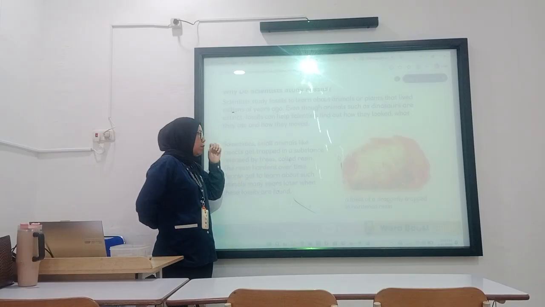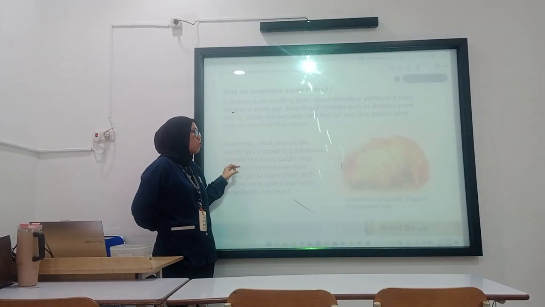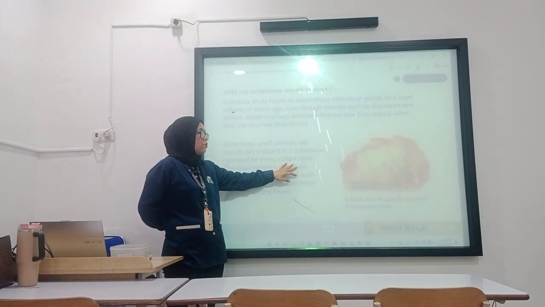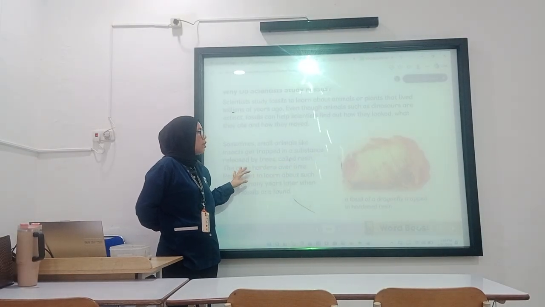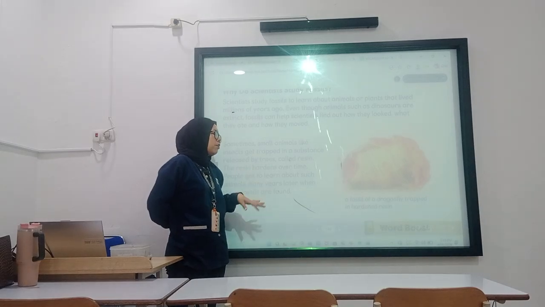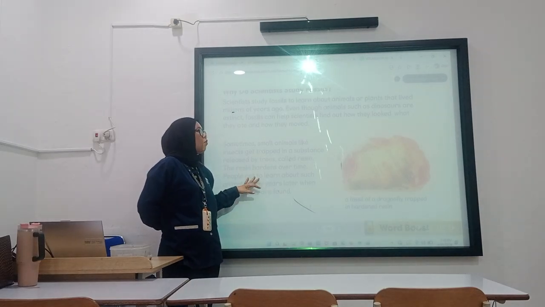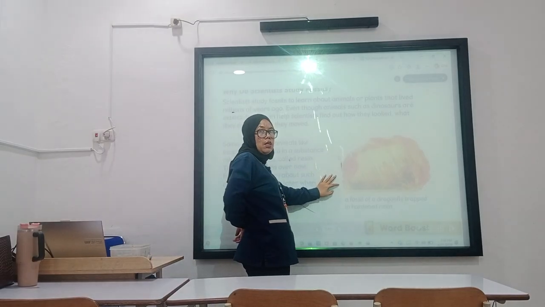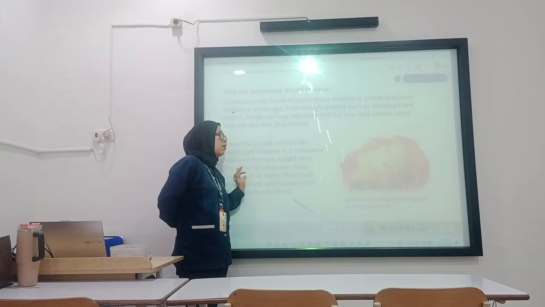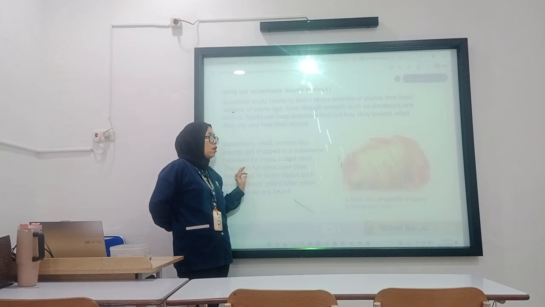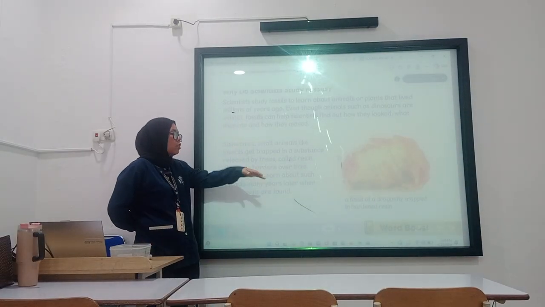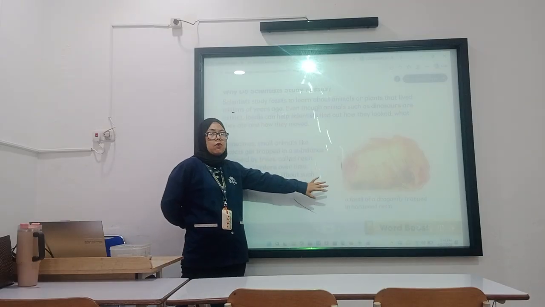When small animals or insects get trapped in the sticky substance, they cannot move, and over time the resin hardens and becomes like rock. So this also can be called a fossil. This is one of the ways fossils form.